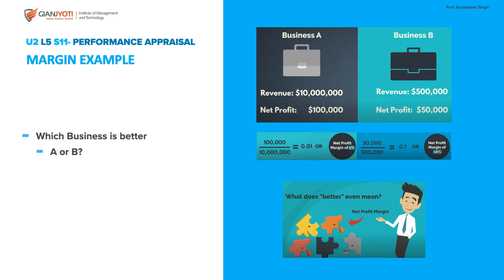Is it the net profit margin, which very clearly indicates that business B is good? But the revenue is only 5 lakhs or 500,000, whereas for business A the revenue is 1 crore or 10 million. Now as per you, which is better?